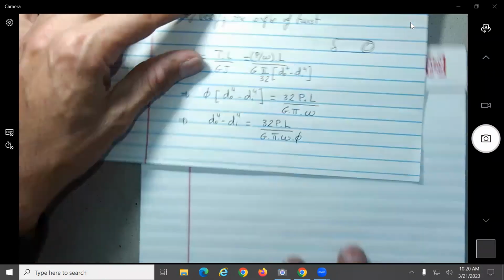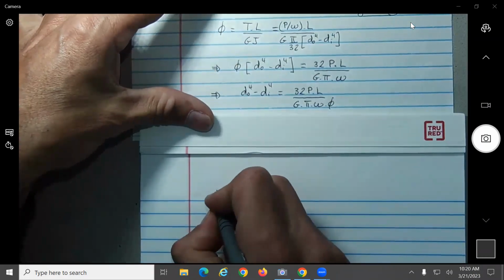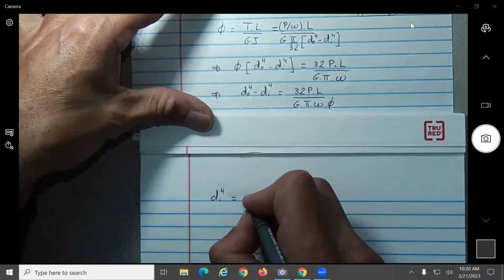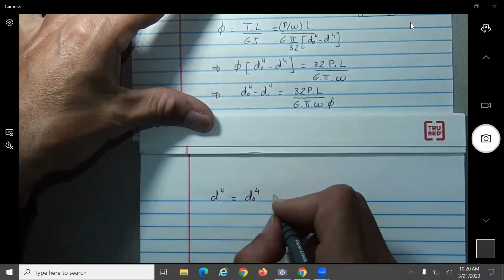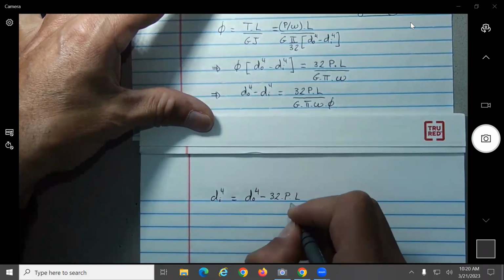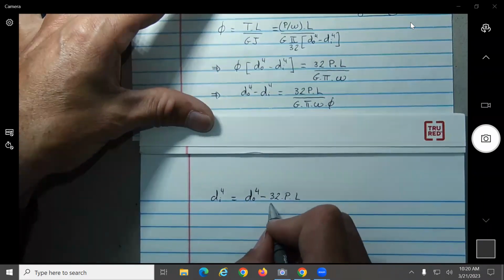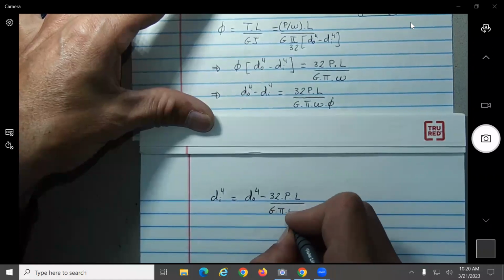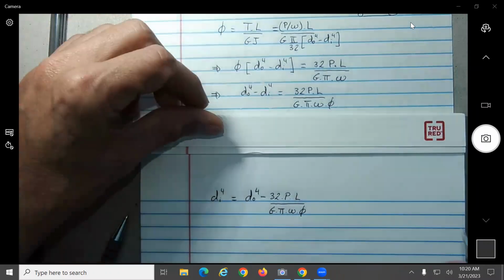So now from this one, we're going to find that d inside to the fourth will be equal to d outside to the fourth minus 32 P times L divided by G pi omega phi. And just do as before.